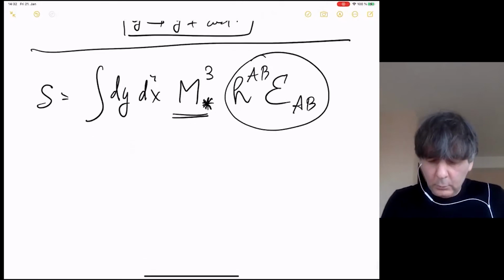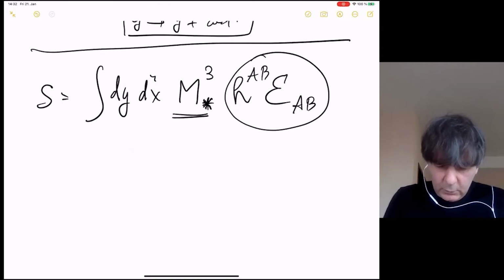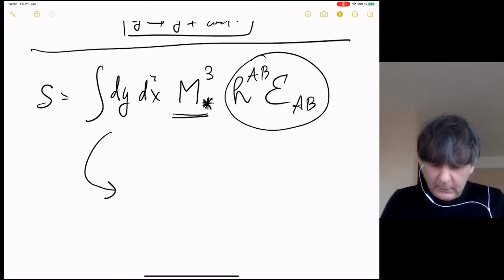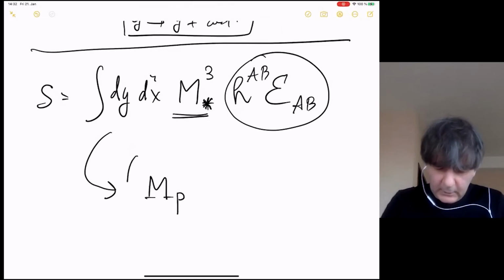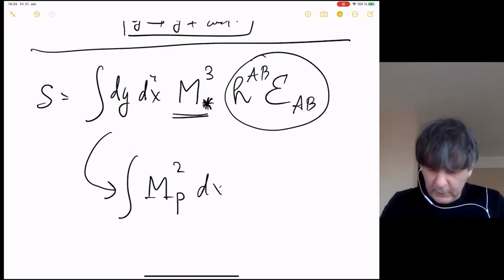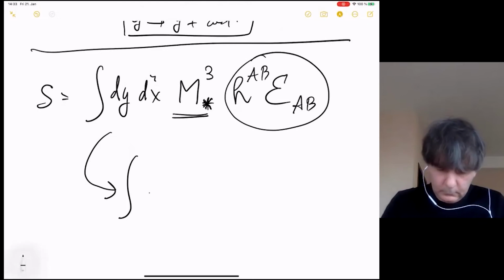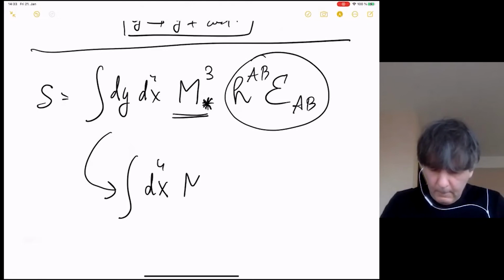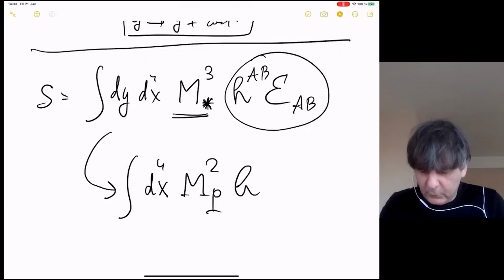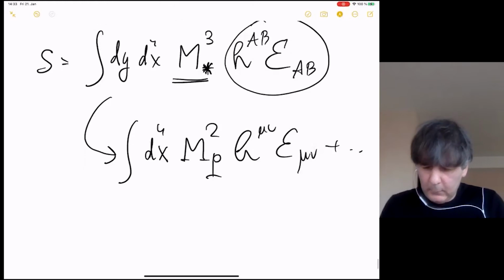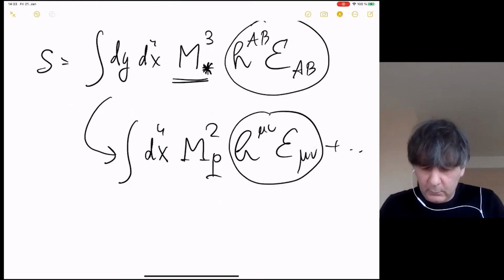Now, however, once we dimensionally reduce this theory, what do we get? We get an effective Planck mass. In the 4-dimensional theory, we get d4x integral, effective 4-dimensional Planck mass, what we call the Planck mass, and then the 4-dimensional graviton plus the rest, again a dimensionless perturbation of the metric.